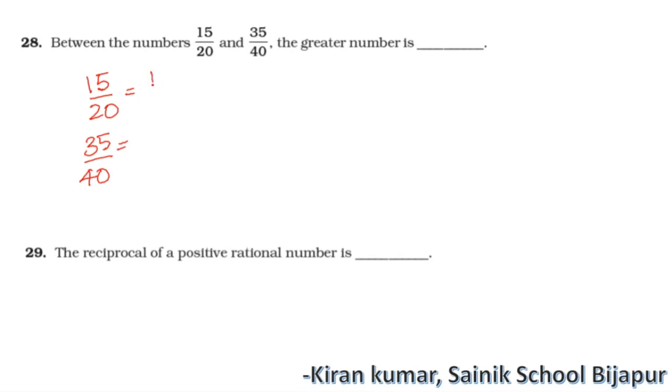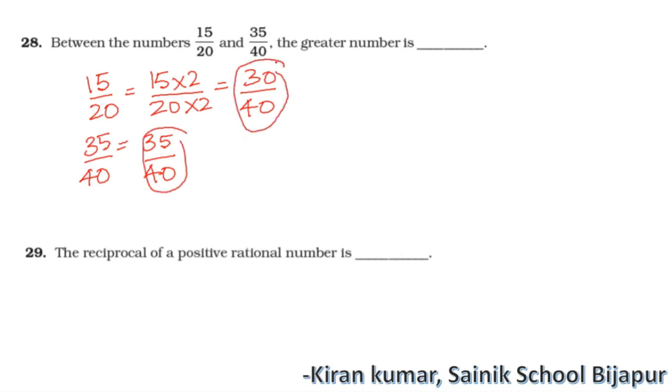For that, I will express this 15 by 20 by multiplying 2 to numerator and denominator. I get 30 by 40. For the number 35 by 40, I need not multiply. Now these two numbers, they have the same denominator. It's very clear that 30 by 40 is smaller compared to 35 by 40. So the number larger is 35 by 40.